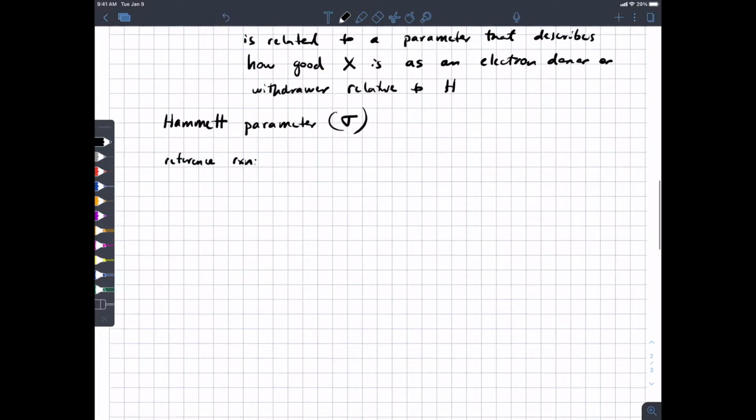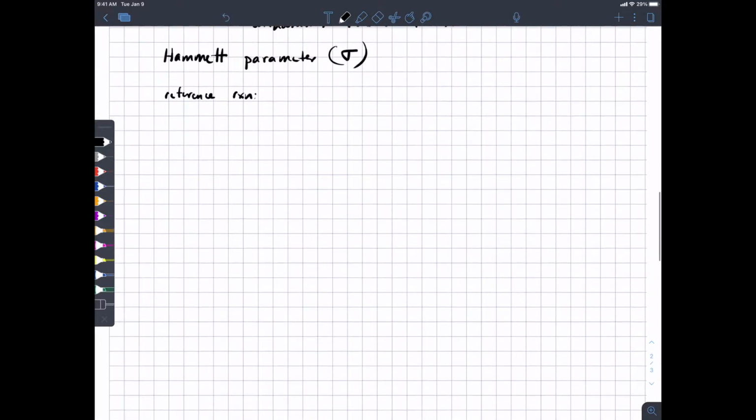So at some point in the past, people actually did these experiments and defined these parameters sigma. So the experiment was deprotonation of benzoic acid derivatives. So what's a benzoic acid? A benzoic acid is where you have the carboxylic acid directly attached to the benzene ring.